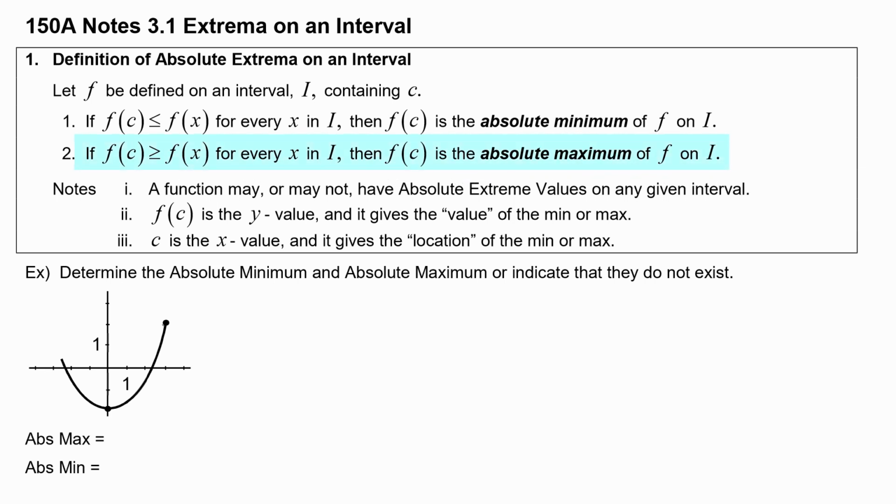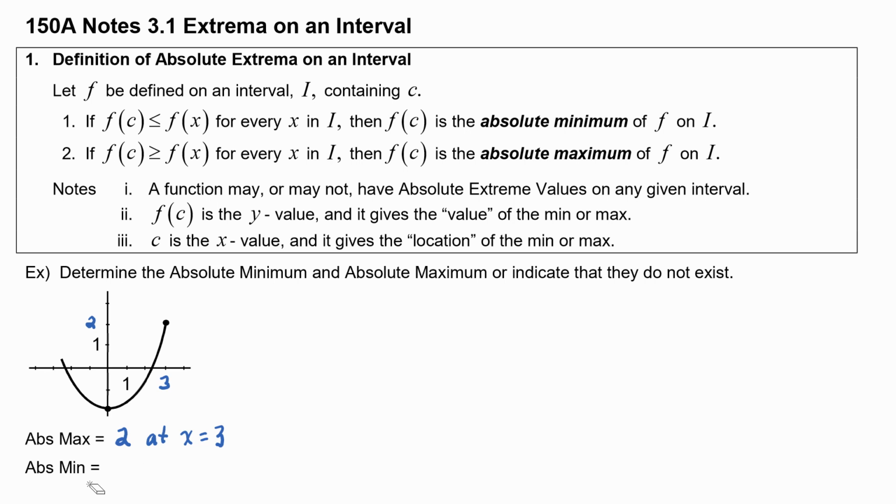So then we would say that the absolute max is 2, and it occurs at an x value of 3. So the x value gives the location, the y value tells you what the max is.